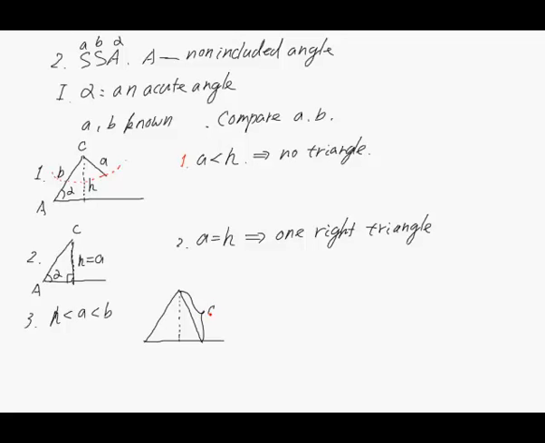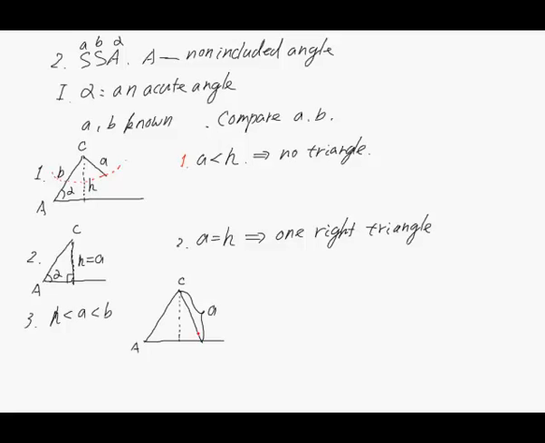And this is your A. And if you use the C as the center and A as radius to draw a circle, then the circle will touch this bottom line at 2 places.